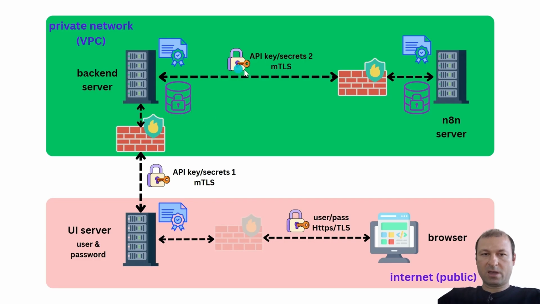Here we have again the mTLS communication between these two servers, backend to backend. Here we have the simple TLS enabled by default by HTTPS, and this is happening between the client and the server. And here we have mTLS between the UI server and the backend server, where we specify mTLS communication between the two servers.